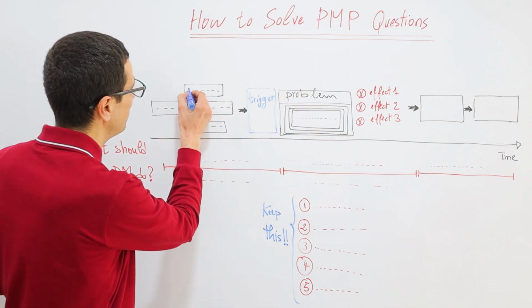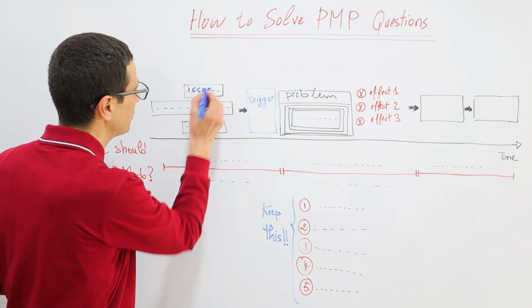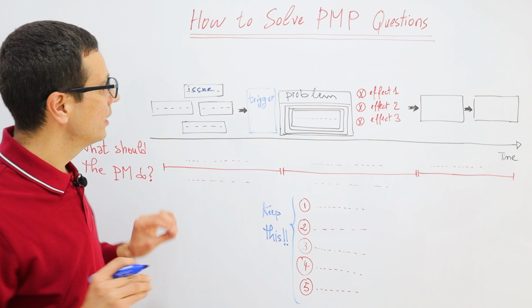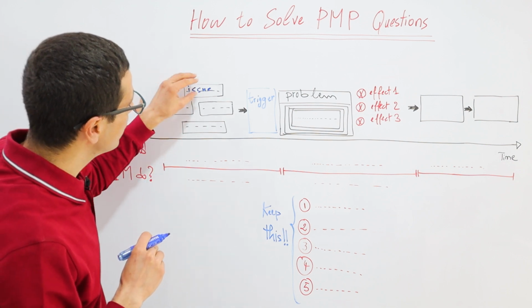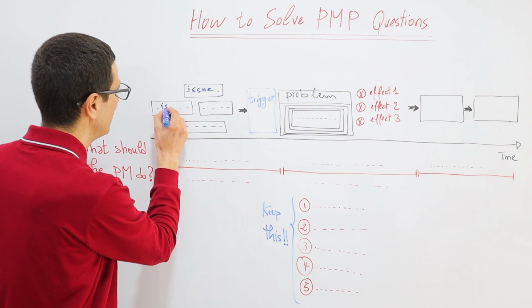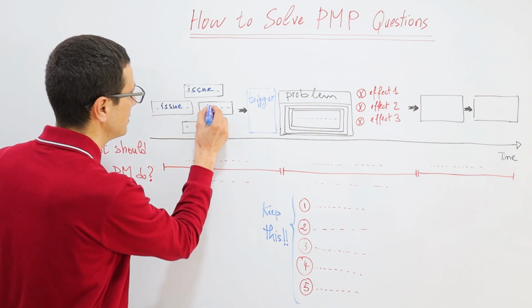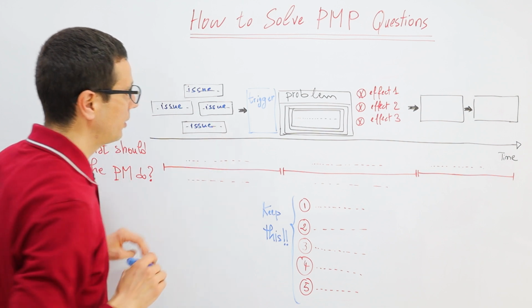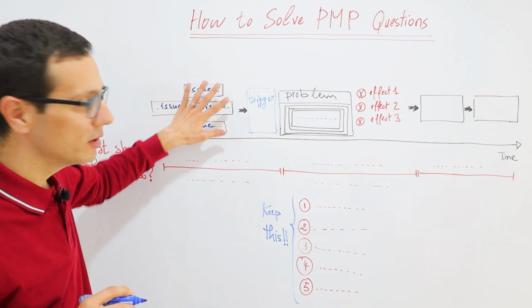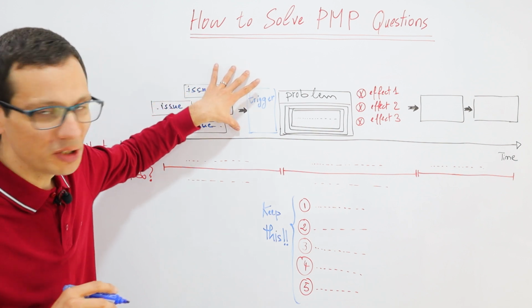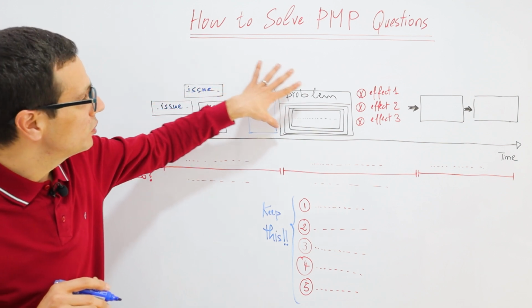I can call them issues here because usually by definition the issue is smaller than the problem, and we could have just one issue or multiple issues leading to this problem. Okay, we could have these issues that are leading to our problem, as we could have one single issue leading to the problem. Sometimes we could have triggers or one trigger to the problem.